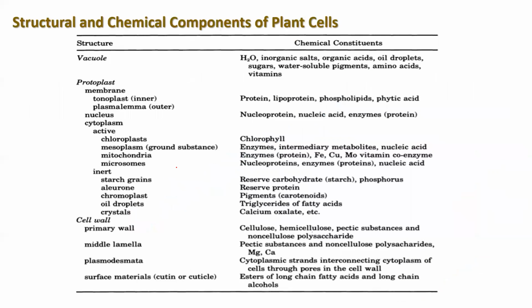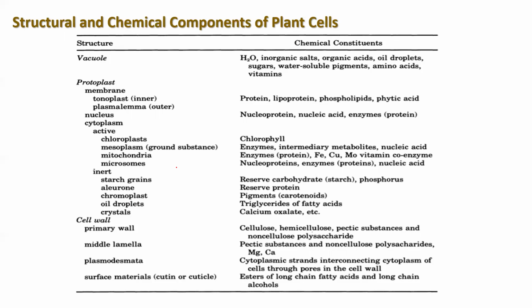So let us look at the overall structural and chemical components of the plant cell wall. As I have already discussed, the vacuole contains water, inorganic salts, organic acids, oil droplets like essential oil, for example in lemon and orange, naringin in grapefruit, water soluble pigments, amino acids, vitamins.